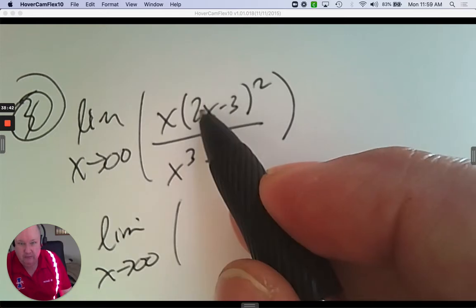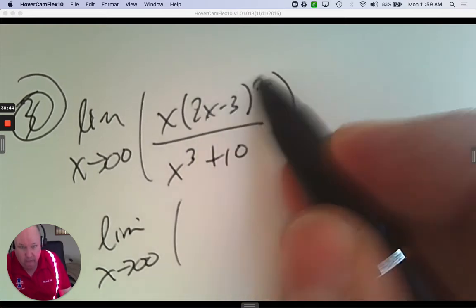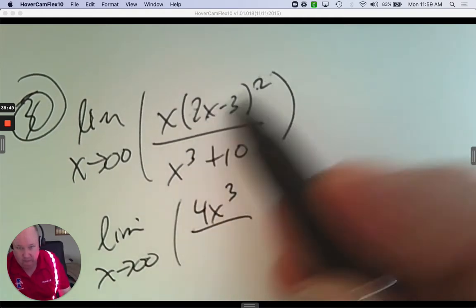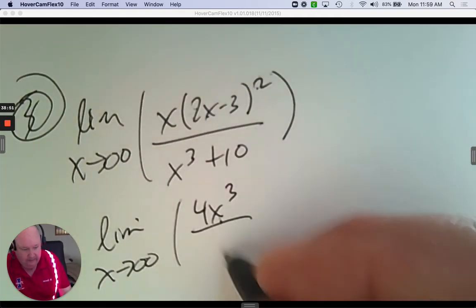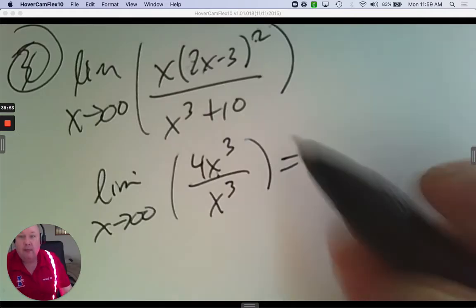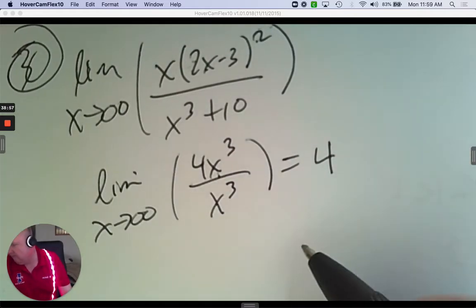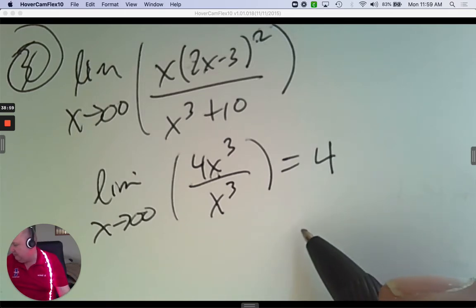In the numerator, 2x squared is 4x squared, so that's why it's 4x cubed when you multiply it out. So this is 4x squared times x, and then x cubed. If I divide out the x cubes, the answer is 4. Number 30, 31.